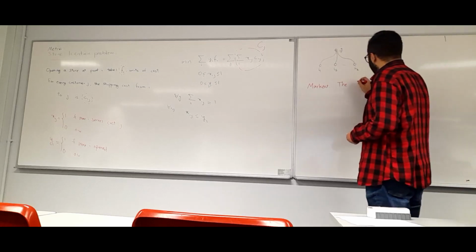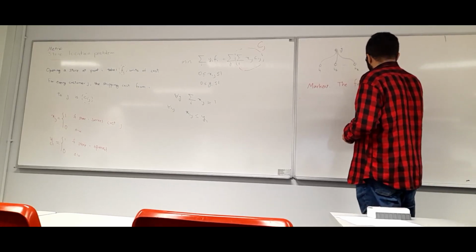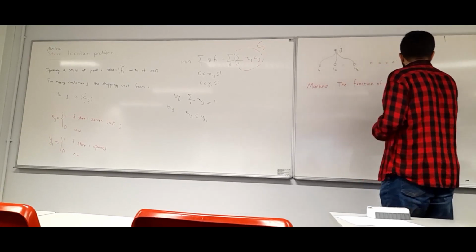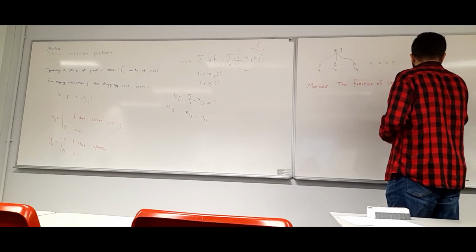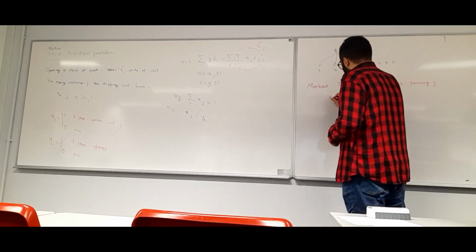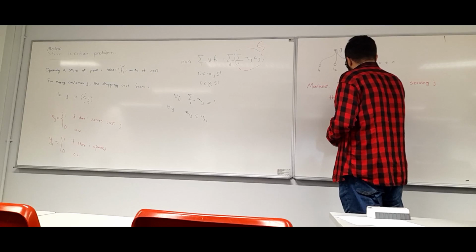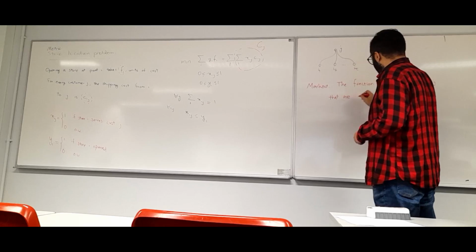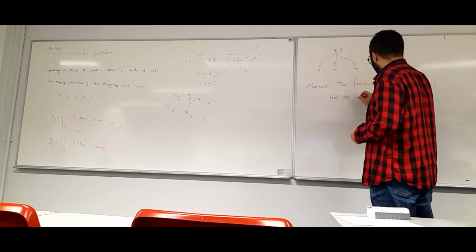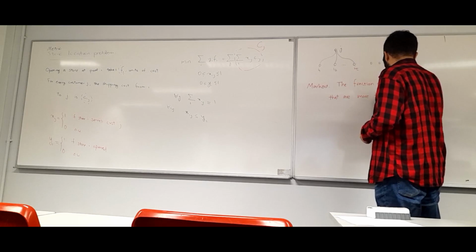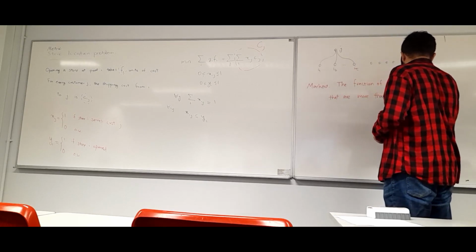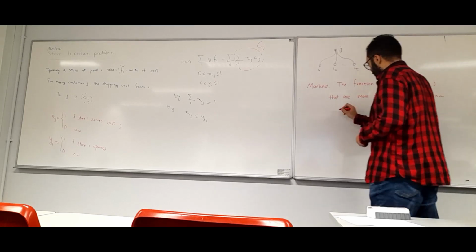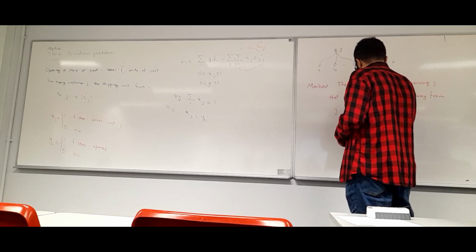So the fraction of stores that serve customer J that are more than k times Cj away from J is at most 1 over k.